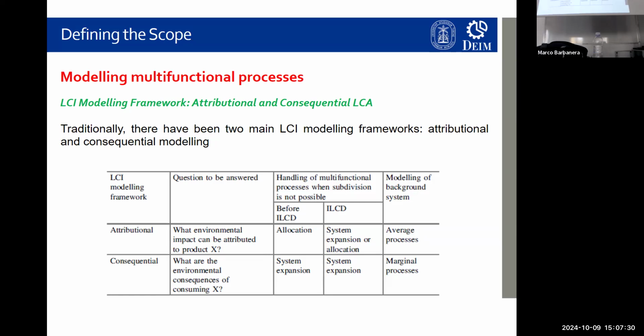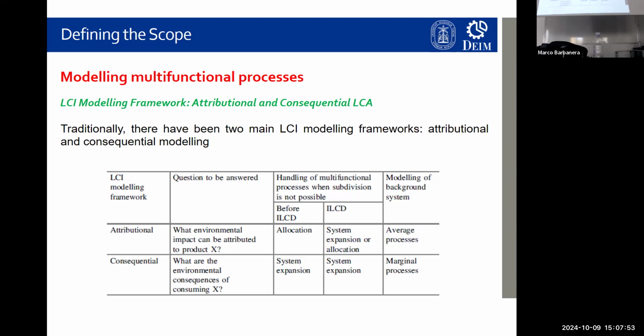And also, the second main difference is that typically in the attributional LCIA studies, we use one of the allocation criteria to model the multifunctional processes.